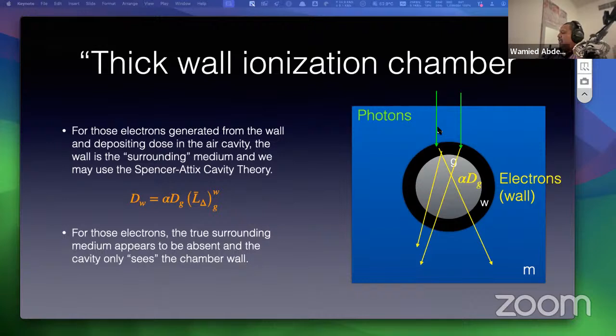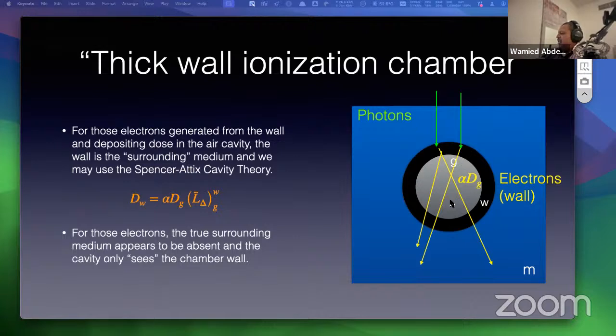Photons, some of them will interact with the wall, and they will produce electrons. So now we get a dose in the cavity from these electrons generated in the wall.